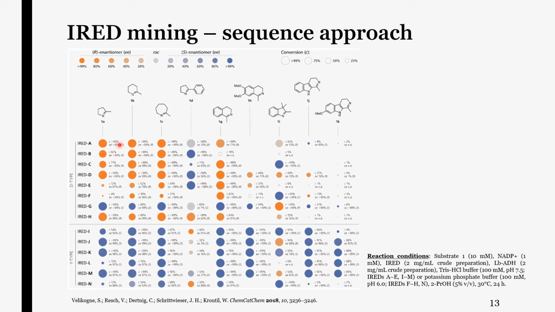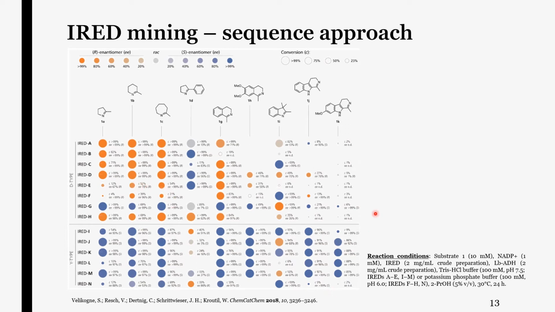And also we have here in orange the R enantiomer, and in blue the S enantiomer. And as you can see, these imine reductases have a quite nice conversion with all these investigated imines, as well as very good enantiomeric excess.